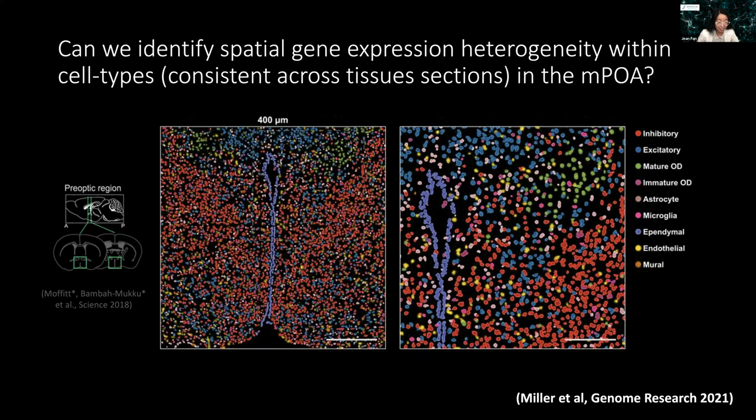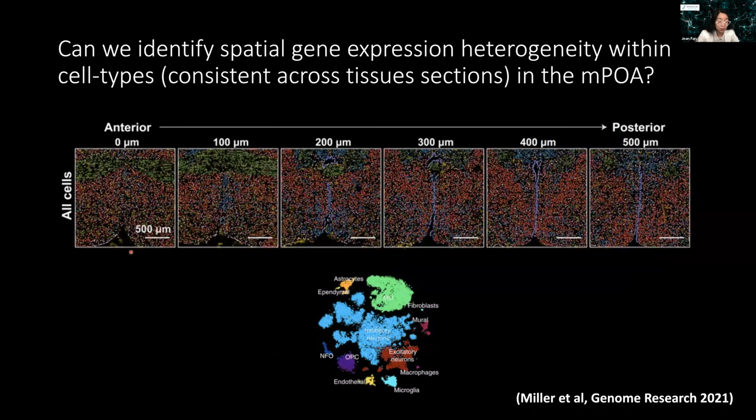But this is an area of the mouse brain previously characterized via MERFISH by Jeff and DJ. And they were able to do this across many tissue sections from the anterior to the posterior MPOA. And also across many animals, I should mention.